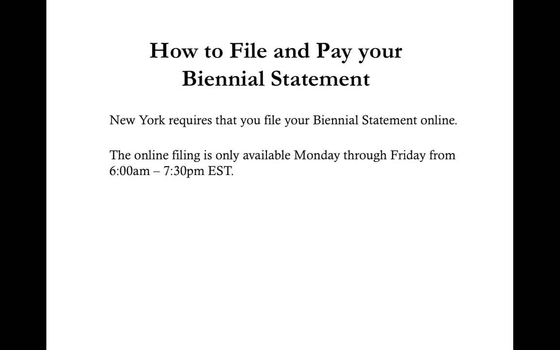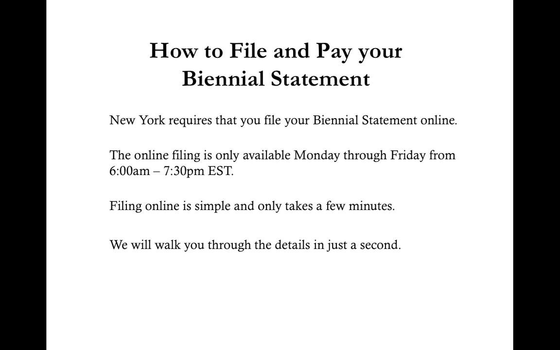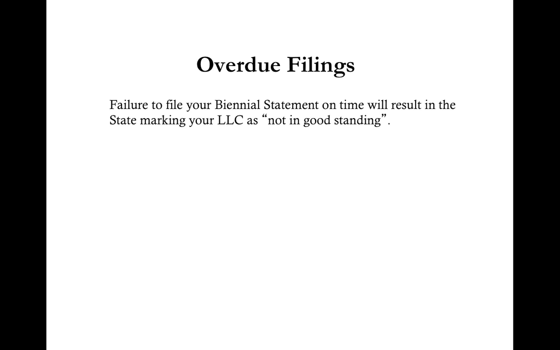The online filing is only available Monday through Friday from 6 a.m. to 7:30 p.m. Eastern Time. Filing online is simple and only takes a few minutes. We will walk you through the details in just a second. Failure to file your biennial statement on time will result in the state marking your LLC as not in good standing.